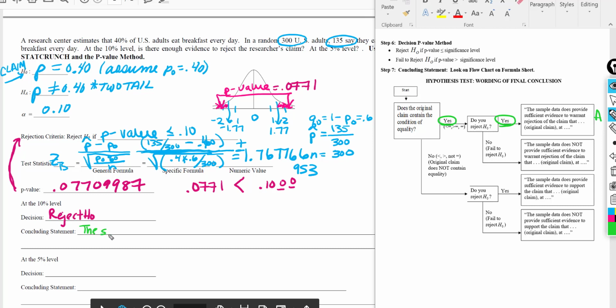The sample data does provide sufficient evidence to reject the claim that, let's see what our claim was, that 40% of adults eat breakfast every day.